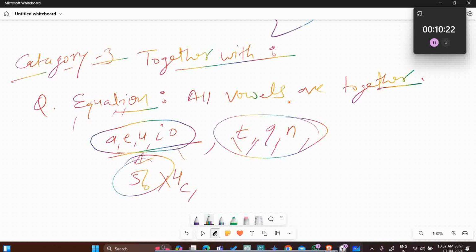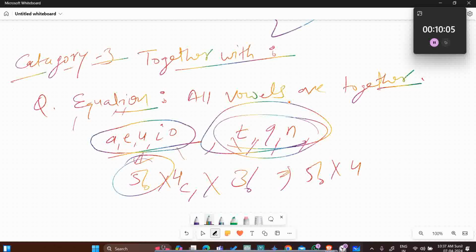And we can interchange the others also in 3 factorial. So it would be like 5 factorial into 4 into 3 factorial, which is 5 factorial into 4 factorial, right?